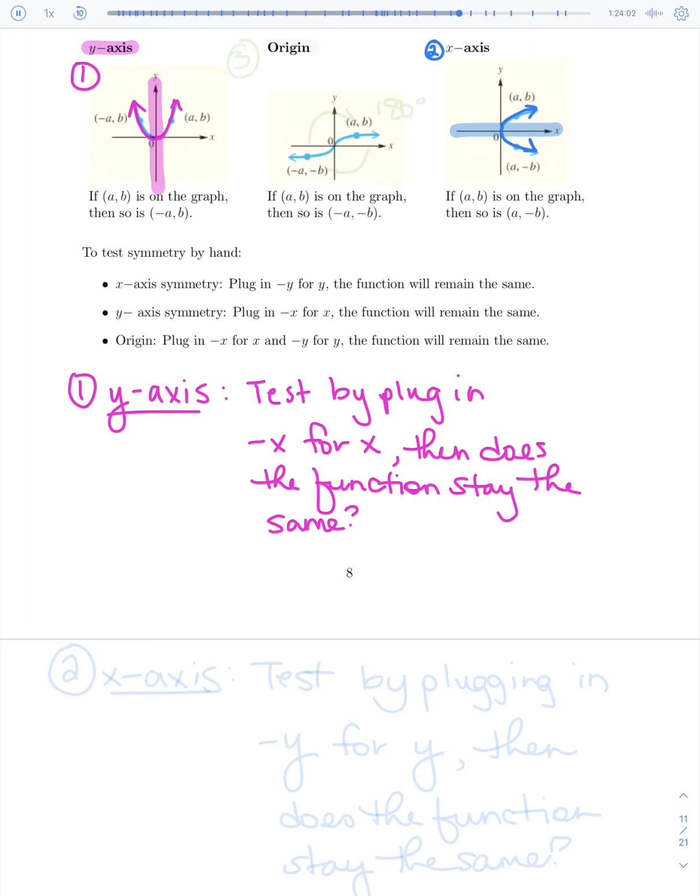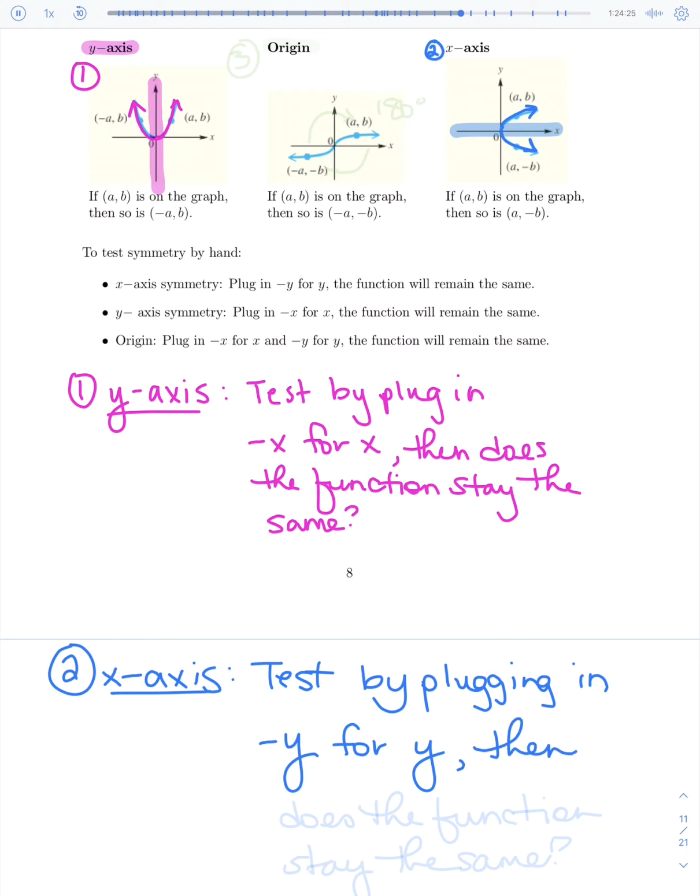However, what if you don't have a picture and you want to test x-axis symmetry? Well, then we're going to do something similar. We're going to test by plugging in a negative y this time for wherever there's a normal y. Then your question will be the same: does the function stay the same?